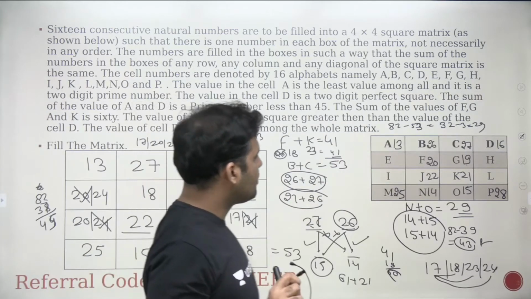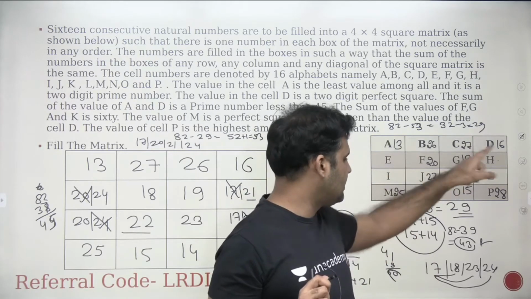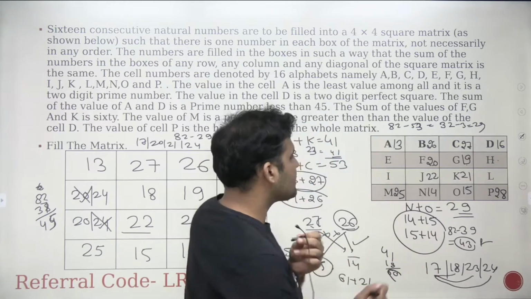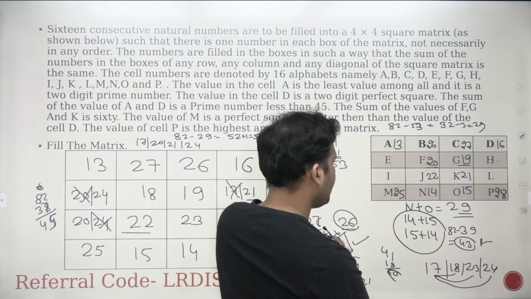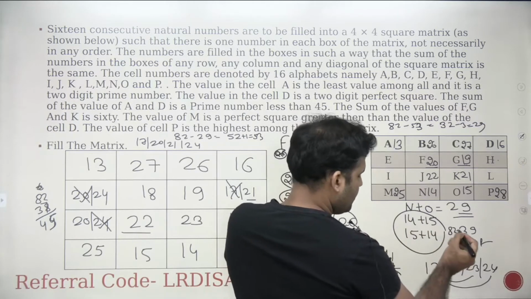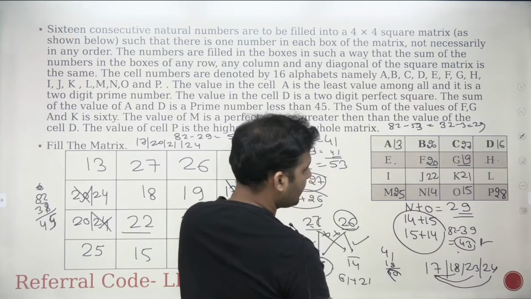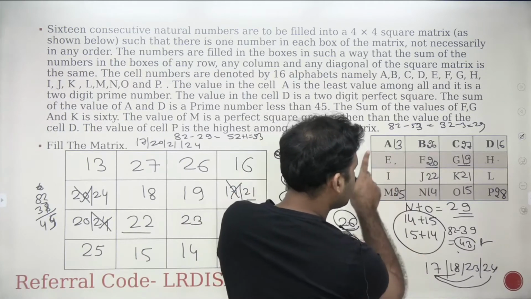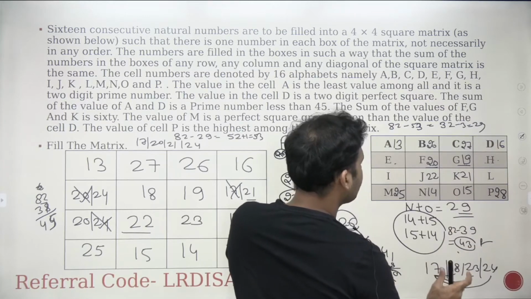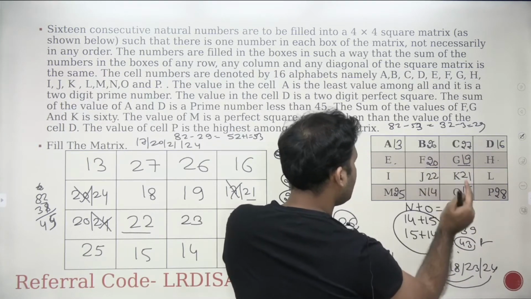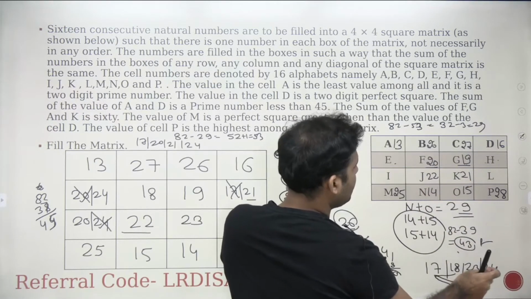You see that? There is no option left to me which can give me the summation as 43 here. 20 plus 19 is 39, and 82 minus 39 will be 43. The options available to me are 13, 14, 15, 16, 17, 18, 19, 20, 21, 22 has been used, 23 and 24.